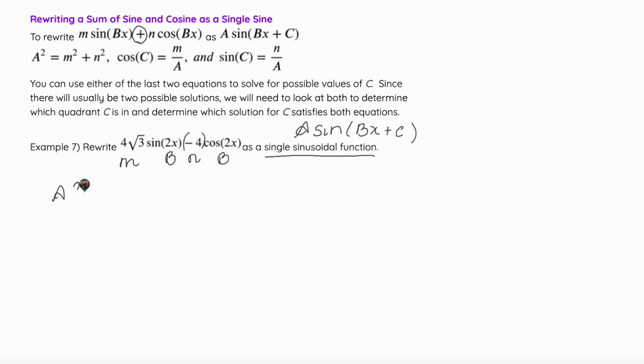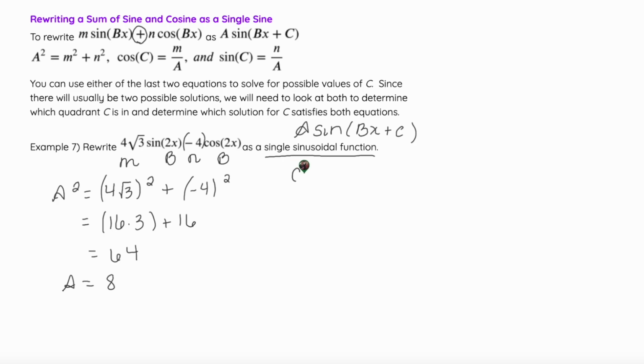So a squared is equal to 4 square roots 3 squared plus -4 squared. So 16 times 3 plus another 16 gives us 64. Thus, a has to be 8. Now we can solve for c.